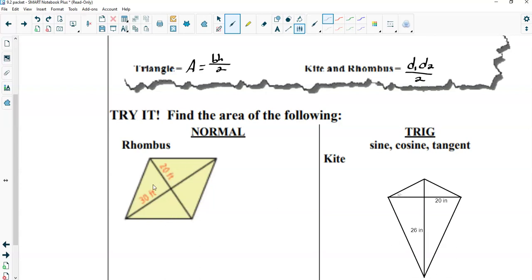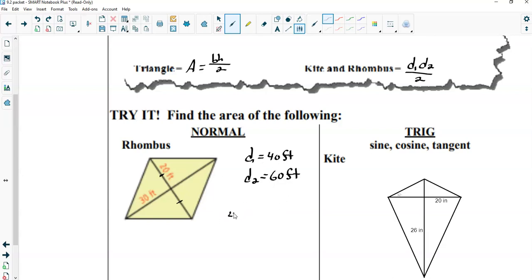All right, so this is a rhombus. We know that the diagonals bisect each other, so this one and this one must be congruent. So one of the diagonals is 40 feet. The second diagonal should be 60 feet, right? So now all I have to do is multiply these 2 diagonals and divide it by 2.